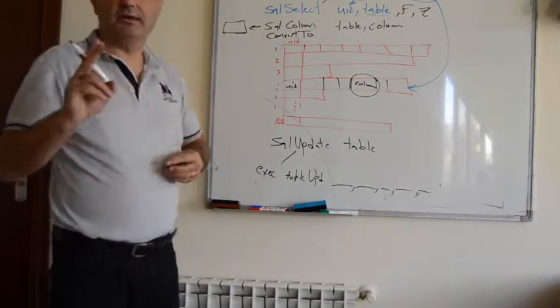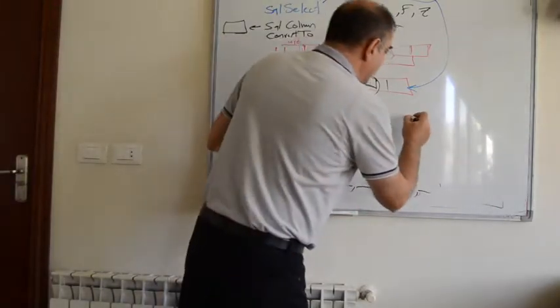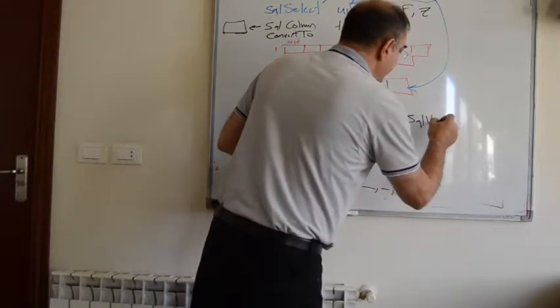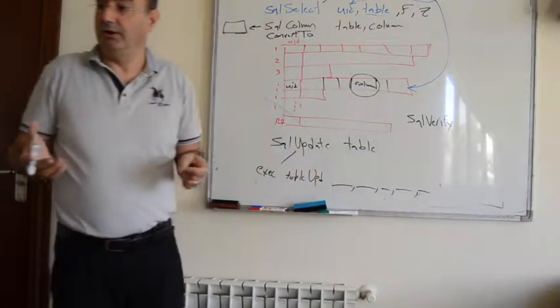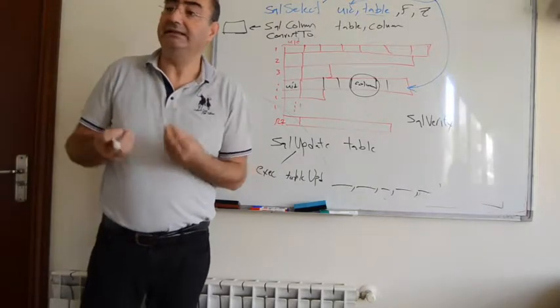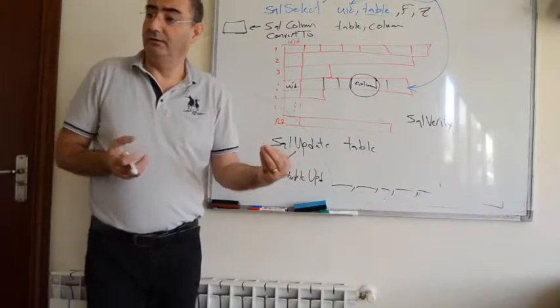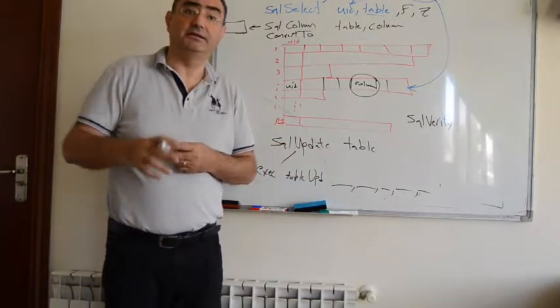There is one more SQL function that we need, which is called the Sql Verify. Sometimes we don't have the UID for every row. For example, I don't have the UID for an address.